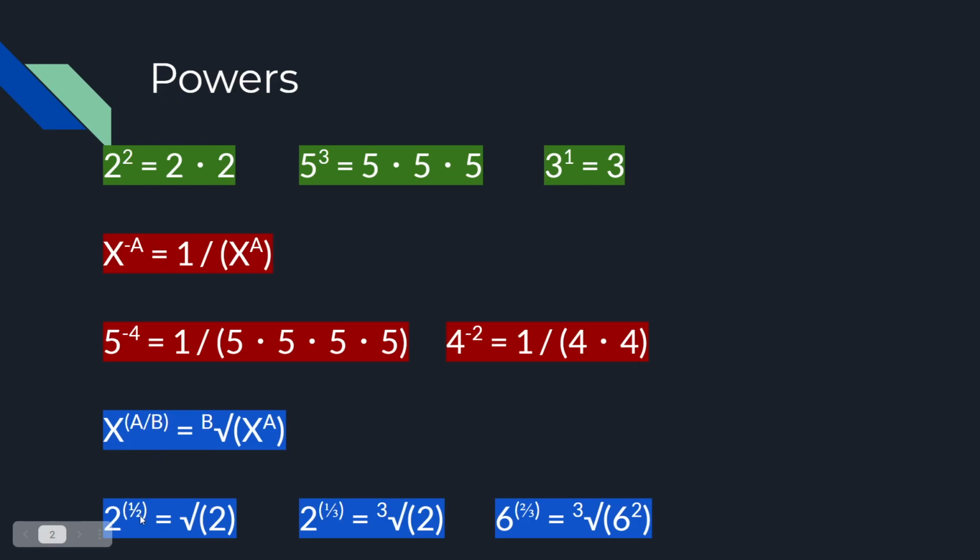So if we have 2 to the 1/2, we can see that there's a 1 on the numerator of the exponent, so that means that it's just going to be 2 to the power of 1, and the denominator is 2, so it's just going to be a square root basically. And if we have 2 to the 1/3, it's a cube root, right? And once again, there's 1 on top of the fraction, so it's just going to be 2 to the power of 1. And if we had 6 to the 2/3, it would be 6 to the power of 2, and then we're taking the cube root of that.